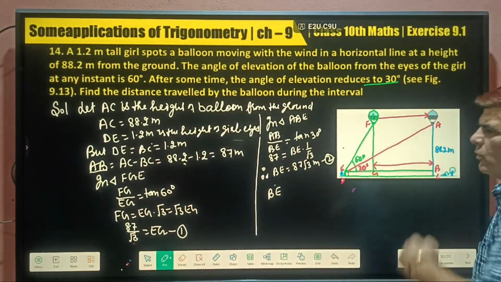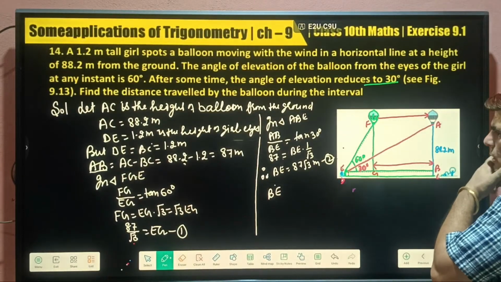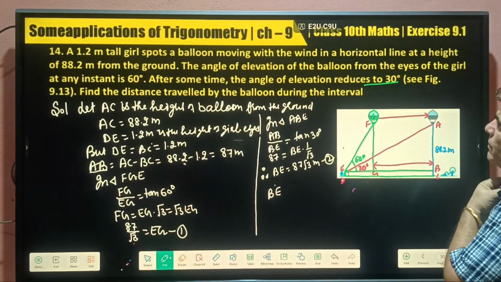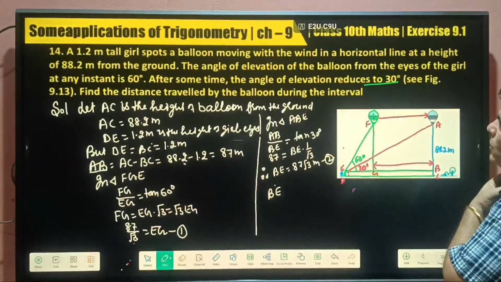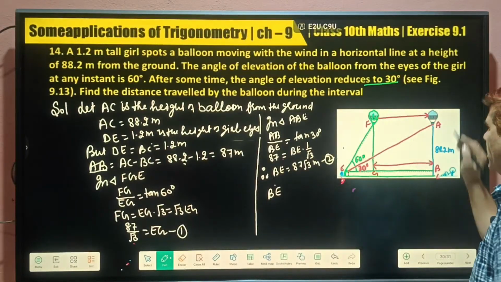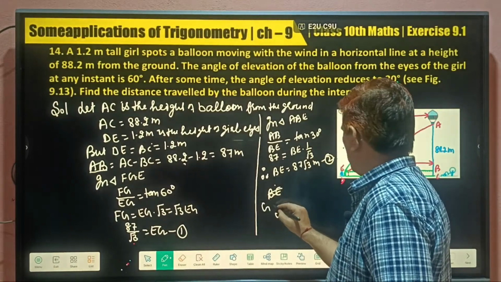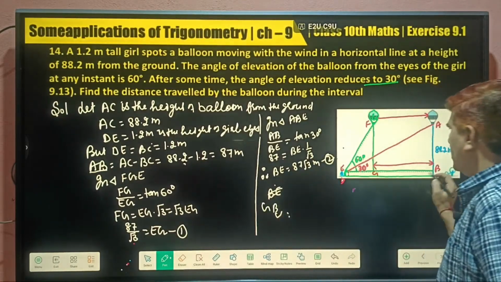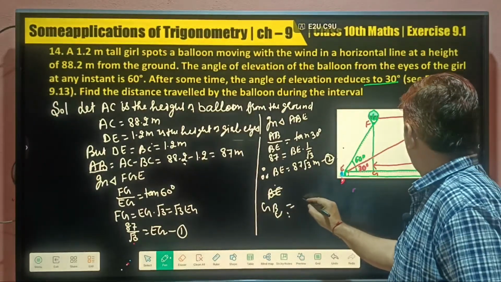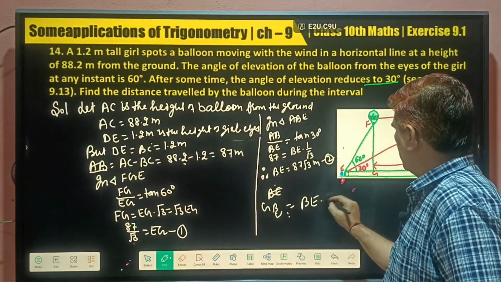So what do we have to find out? We have to find out the distance, so it reached here. We have to find out GB, and GB is equal to BE minus EG.